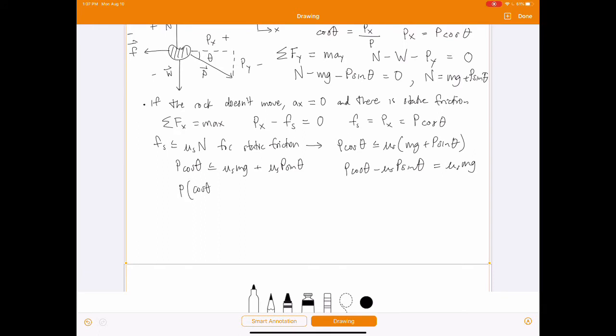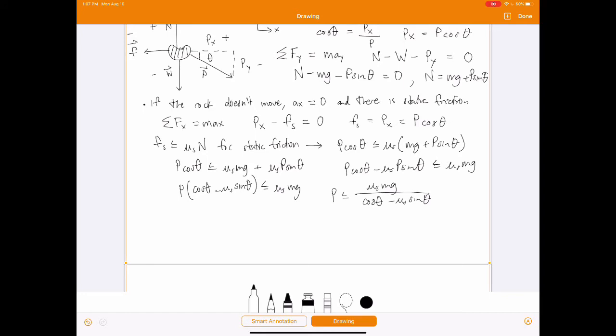So it's p times, in parentheses, cosine theta minus mu s sine theta equals mu s mg. So to solve for p, sorry, it's less than or equal to. Yeah, I missed that over here. So instead of equal, it should say less than or equal to. Okay, there it is. So p is less than or equal to mu s times mg over cos theta minus mu s times sine theta. Okay, that's the expression.